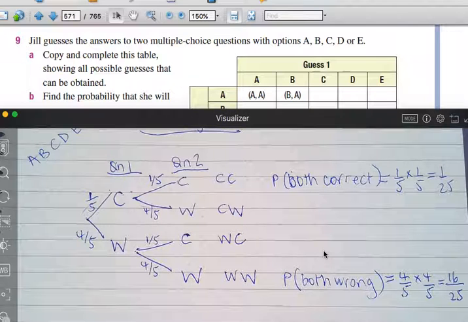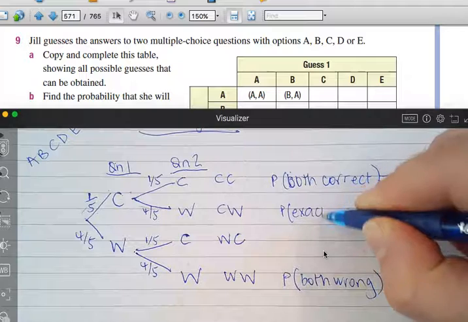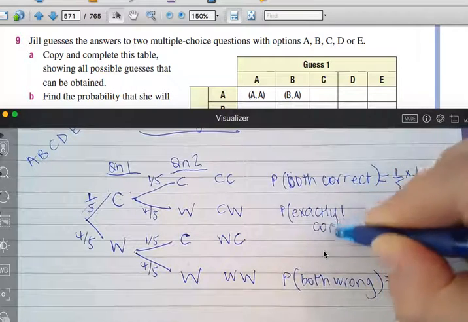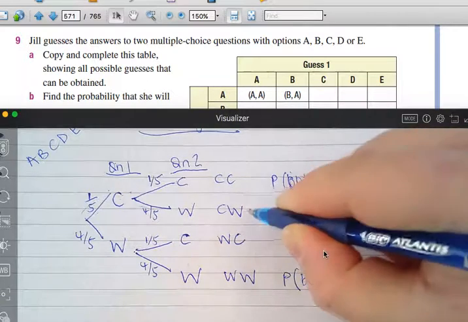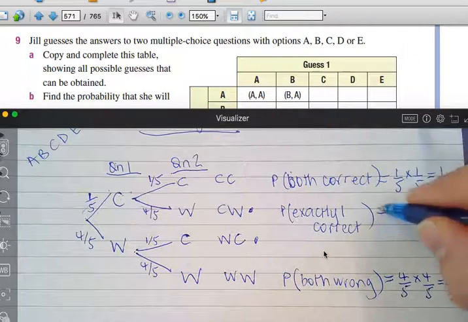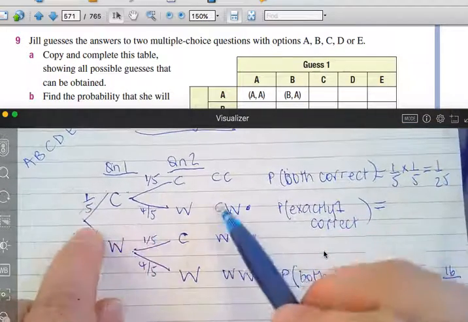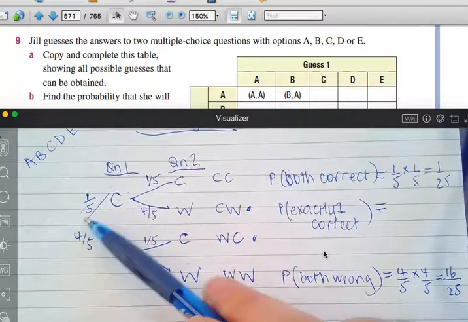Does it make sense? What is the probability that you get exactly one correct? Isn't it this one or this one? So that's when we go, well, I could have this one. How do I get to this one? What do I multiply for this one?